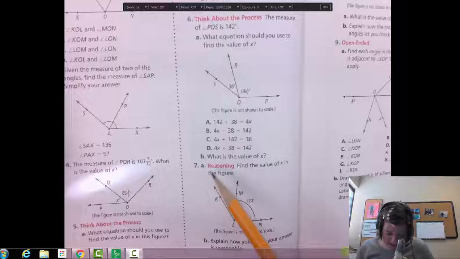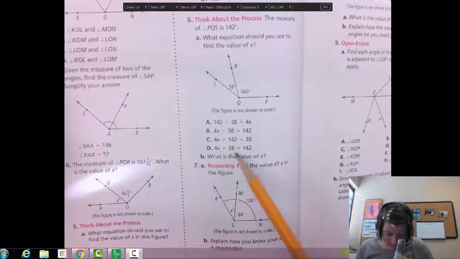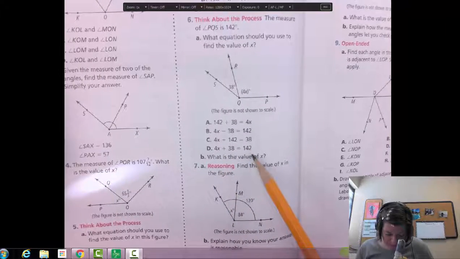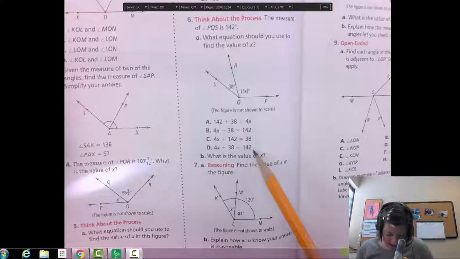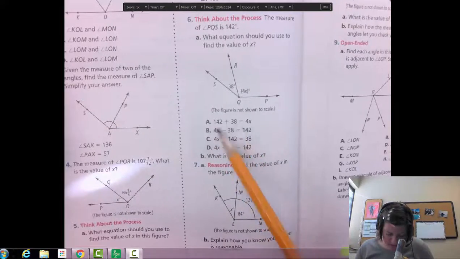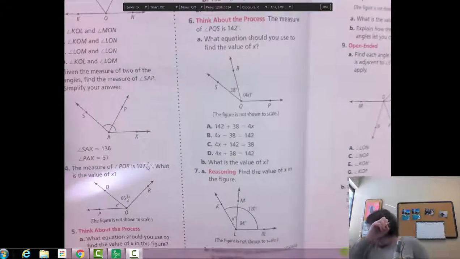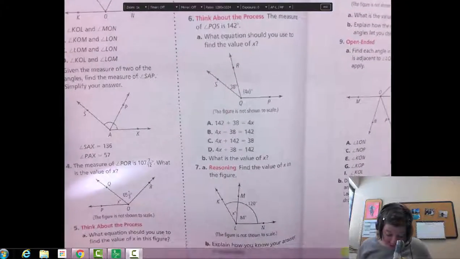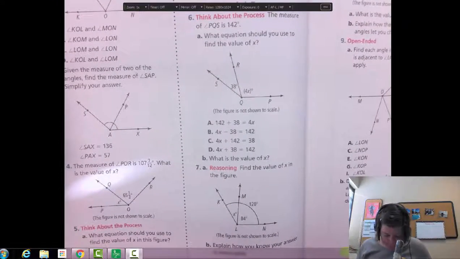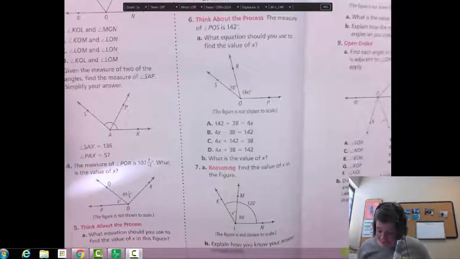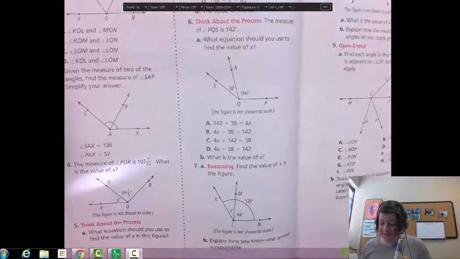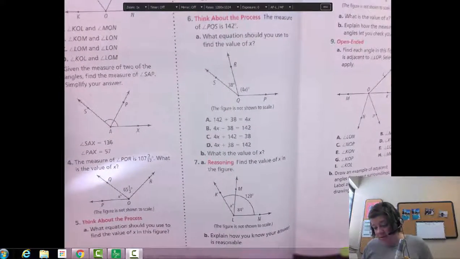So this one would be 4x plus 38 equals 142. That one's correct. I was checking if they had more than one answer that was correct. Sometimes they do that. And that's what you're doing. You're saying, are they adjacent, yes or no? And deciding, this one's a little harder.